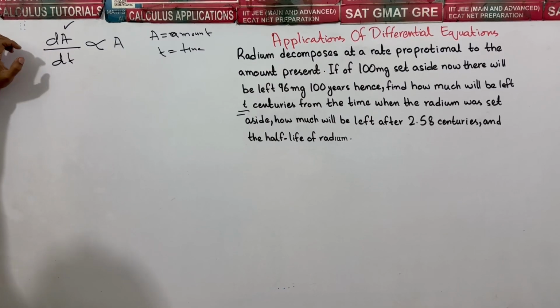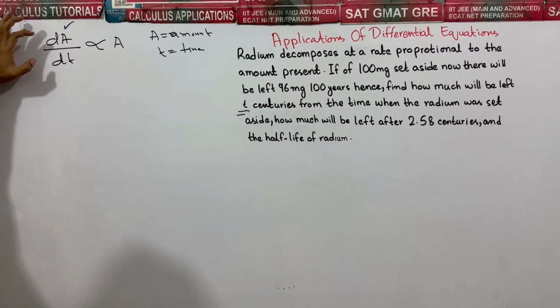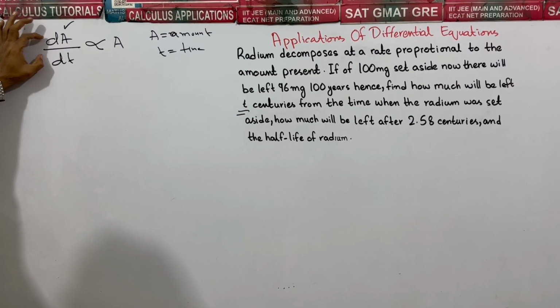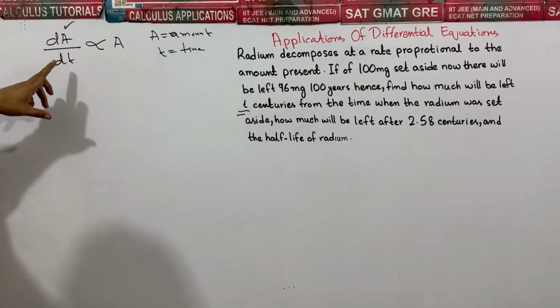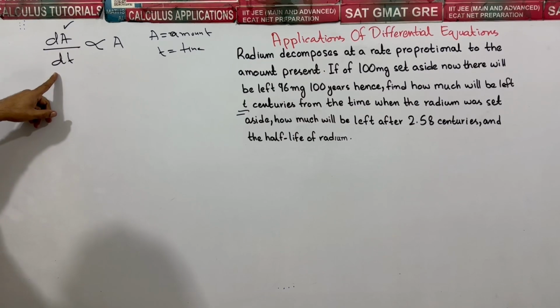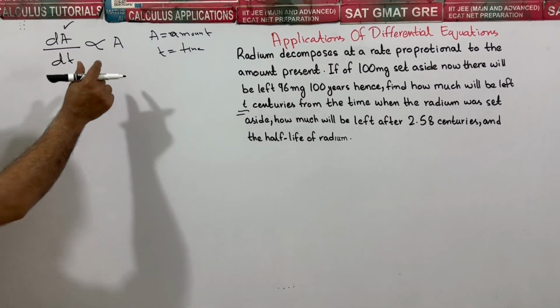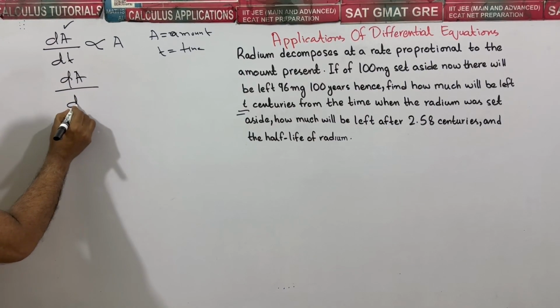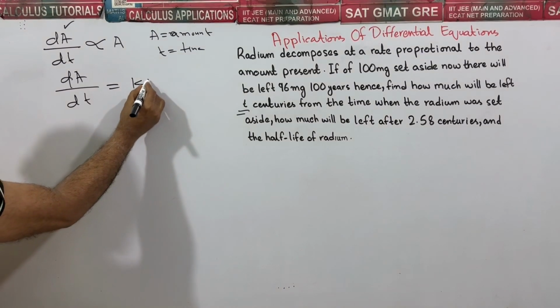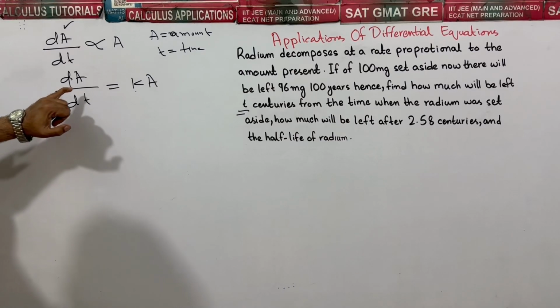Rate of change covers decomposition, increase, decrease, decay and growth; the rate might be negative or positive depending on the situation. Whenever a proportionality sign appears, we introduce a constant: dA over dt is equal to k times A. The constant we have to determine using the given conditions.